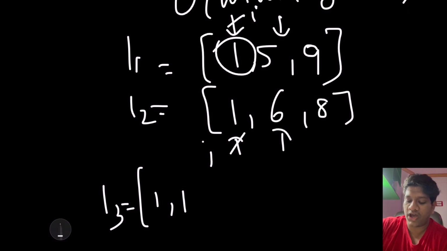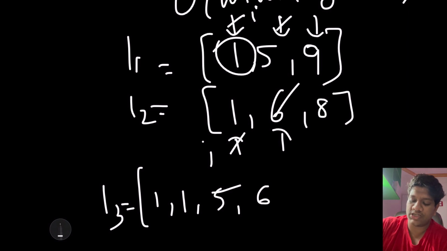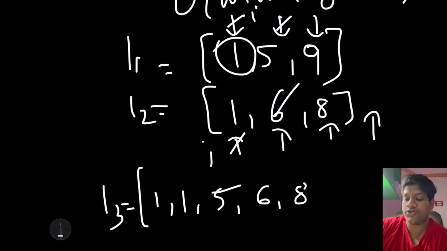Now we'll compare 5 and 6. 5 is smaller, so I'll put 5 in this array and move this pointer forward. Now 6 and 9, 6 is smaller, so I'll put 6 here and move this pointer forward. Now 9 and 8, 8 is smaller, so I'll put 8 here and move this pointer forward.